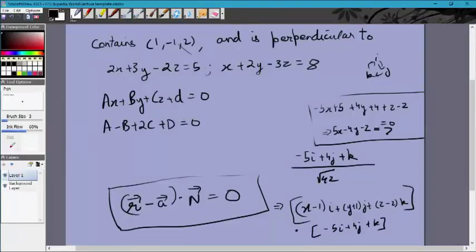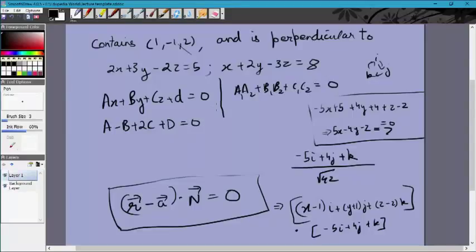What is the second equation? Now we can use the fact that when two planes are perpendicular, we've studied this before, let's say a1x plus b1y plus c1z plus d1 and a2x plus b2y plus c2z plus d2 are perpendicular to each other. Then what we have is a1a2 plus b1b2 plus c1c2 is equal to 0.